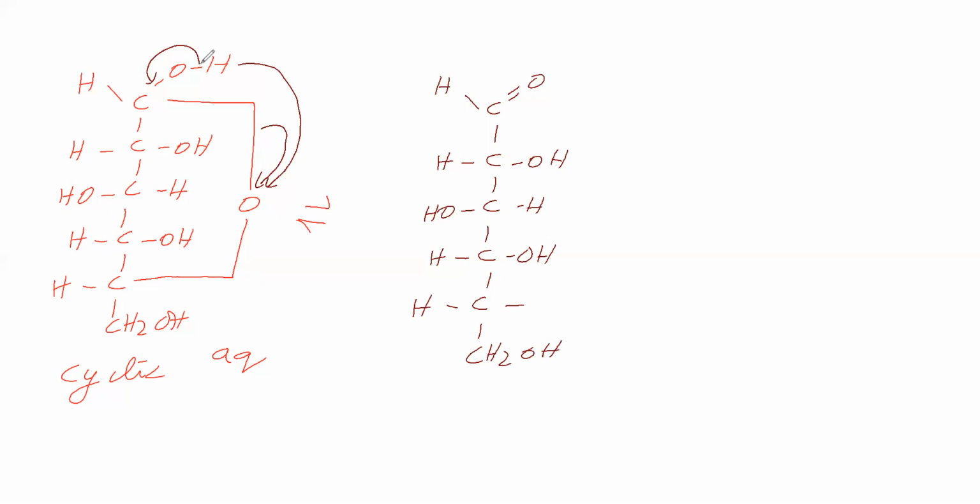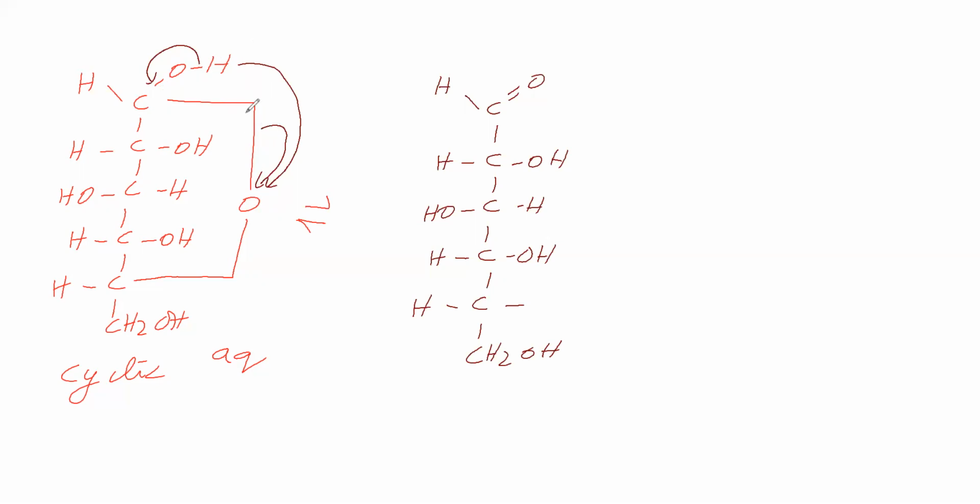Now see, this bond is migrating, meaning H plus is detaching. This bond is migrating to oxygen. This place is not carbon. For understanding we have written it like this, but here the carbon is directly bonded with this oxygen. So this bond is shifting to oxygen, therefore it is becoming an aldehyde group.